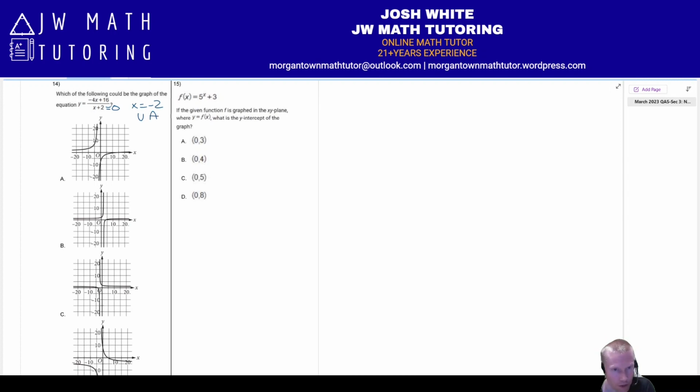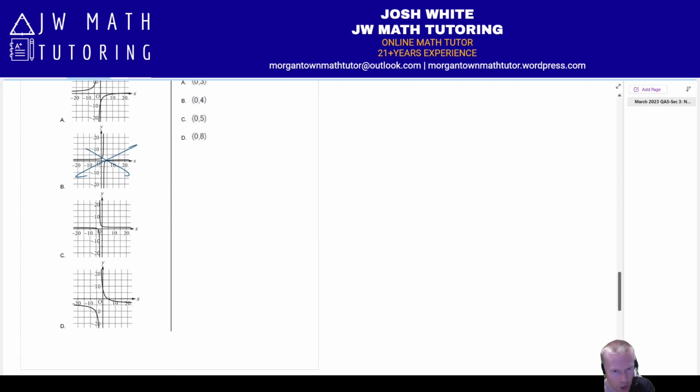So when we look at these possible answer choices, the first one looks like there isn't a possible asymptote at -2, so A, we keep it. B, we eliminate, it's wrong. C does have an asymptote at -2, so we keep it. And it looks like D could also have an asymptote at -2 as well.